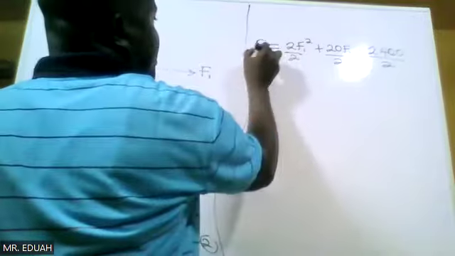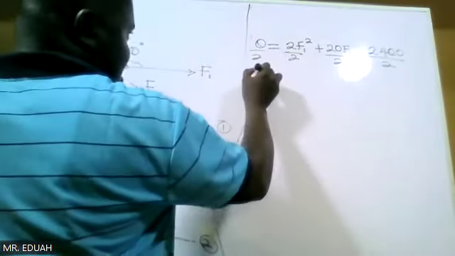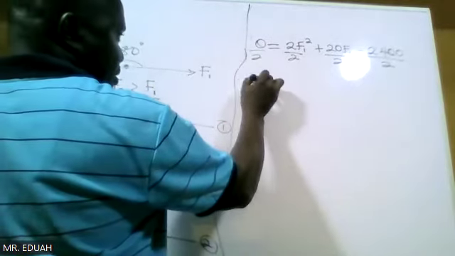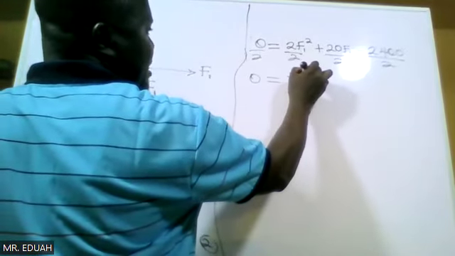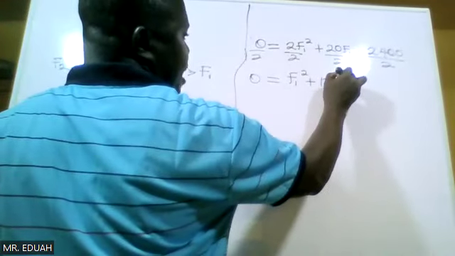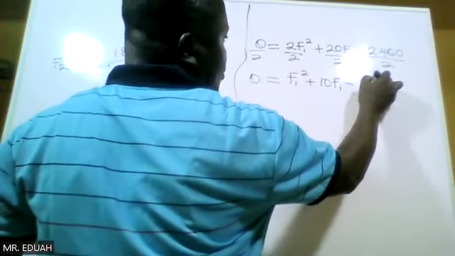Of course, it's an equation, so you need to divide both sides by 2. 0 divided by 2 is still 0. So 0 is equal to F1 squared plus 10F1 minus 1,200.